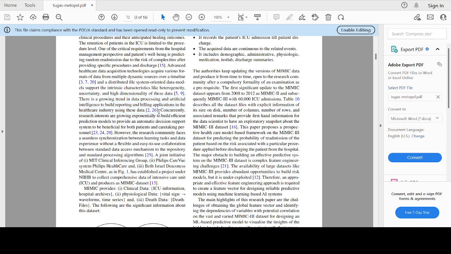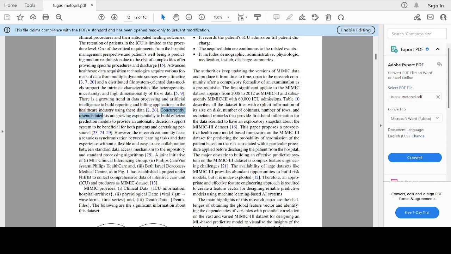So basically, people now use data processing and artificial intelligence to build helpful models and applications to help the healthcare industry in managing or even predicting, like doing some early diagnosis.